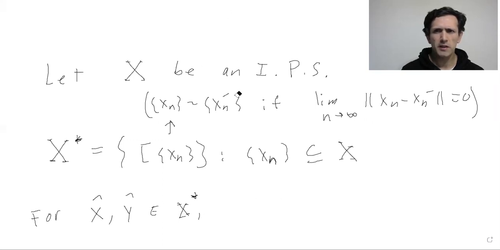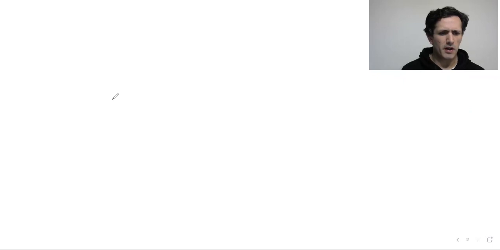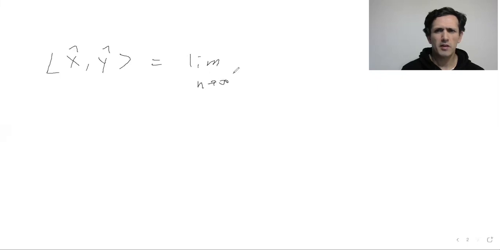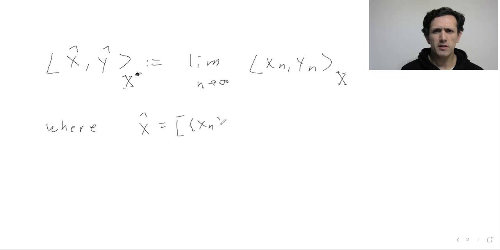Okay. So in particular, you can give this the obvious inner product. Let's define the inner product as the limit of the inner product of xn and yn, where x hat is this class here, and y hat is this class here.